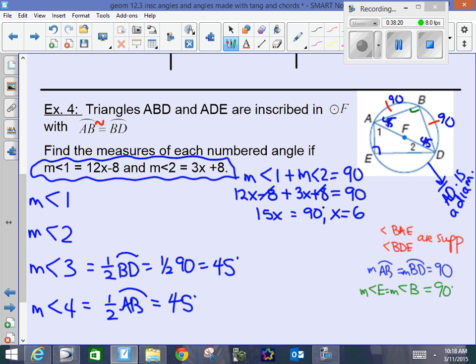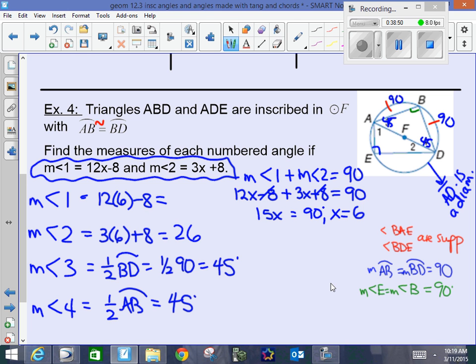All right. Now we're ready to plug in for 1. 12 times 6 minus 8. And 3 times 6 plus 8. 18 plus 8 is what? You all catching up? 26.